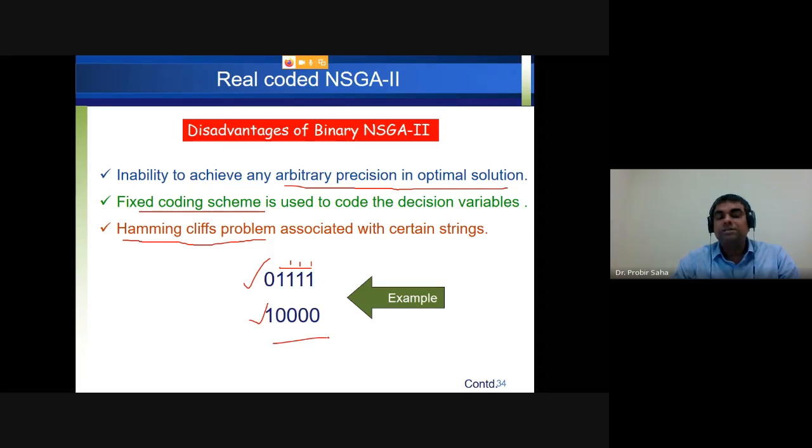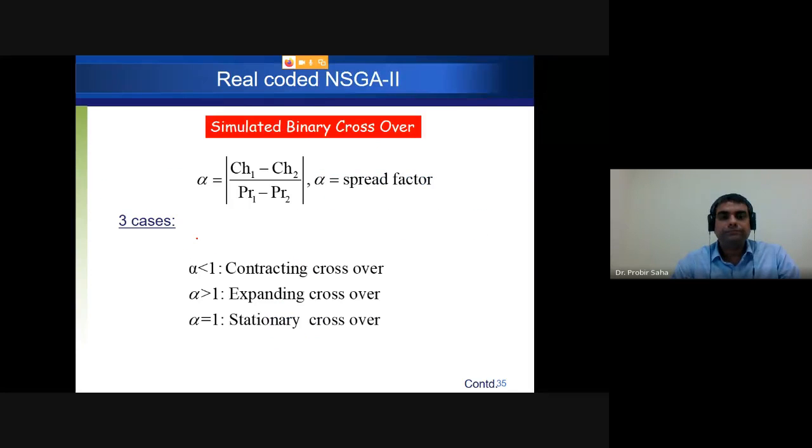That means many bits have to be changed, which is very unlikely, because the change of bits happens because of crossover and mutation. Mutation generally happens with 1 bit, and crossover may happen at 2 sites, or sometimes 1 site. So changing these 4 bits just to move to the next real value hardly happens. When this problem is associated, it is called the Hamming cliff problem.